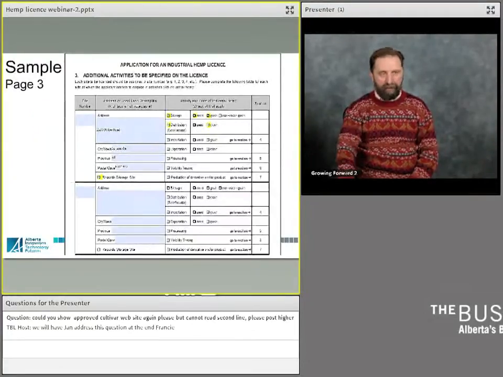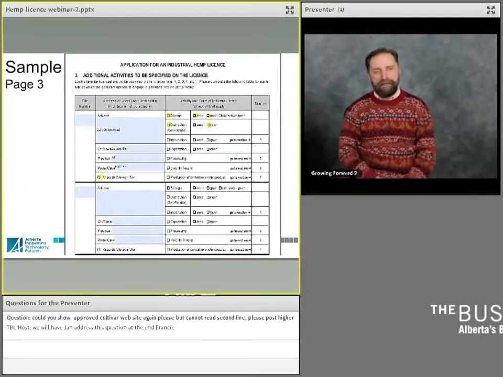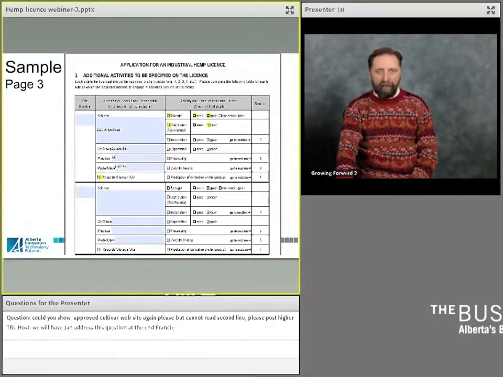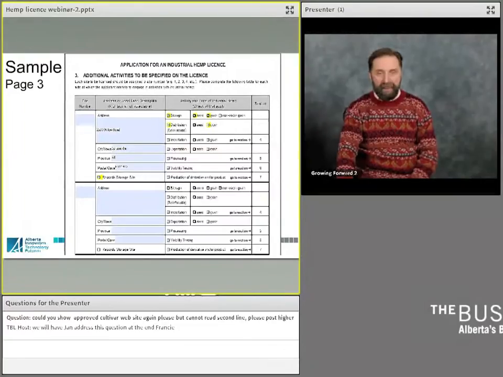And next, we are heading to page 3. Okay, so we know where Jane is growing her hemp. So now, what is she going to do with this hemp? First of all, she has to purchase certified or pedigree seed. So she will have to store this seed when it arrives.